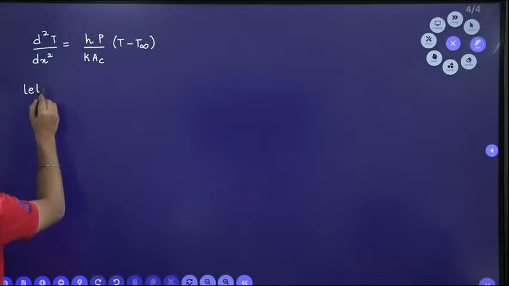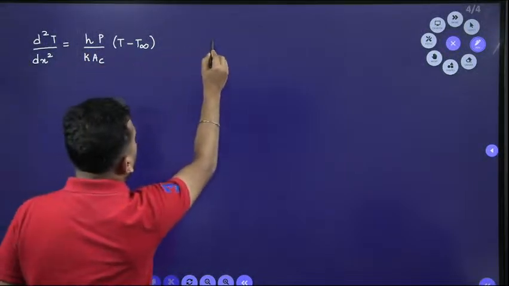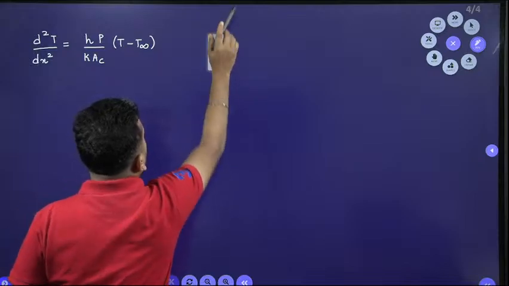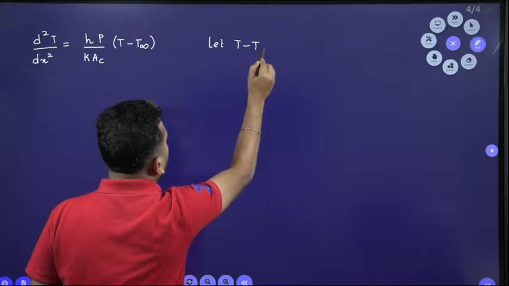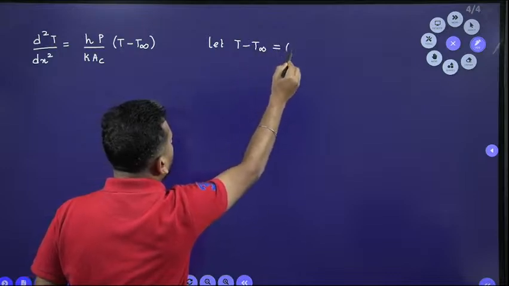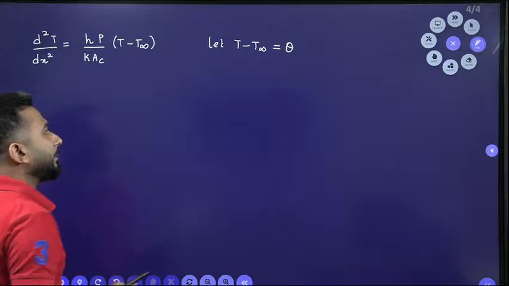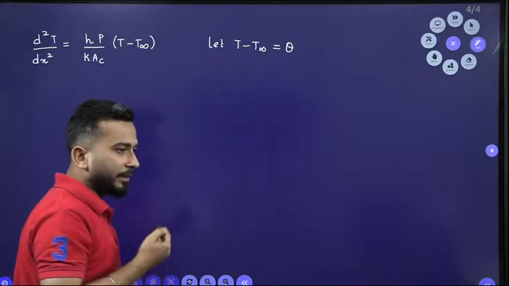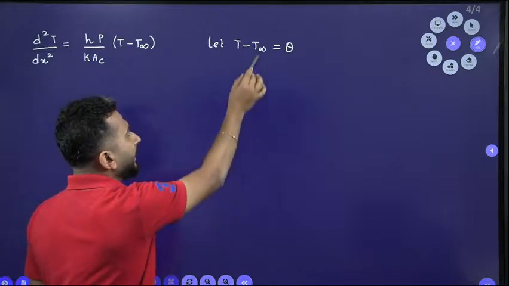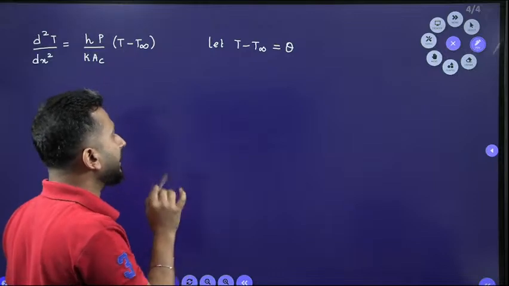What is that assumption? Let T minus T infinity be theta. That is the temperature at any distance of the fin, and the difference with the surrounding, the difference is theta.